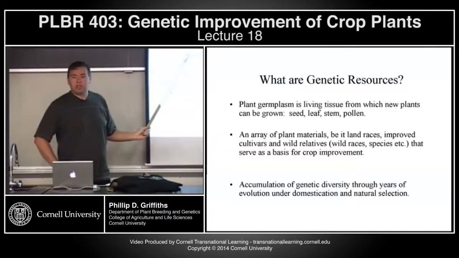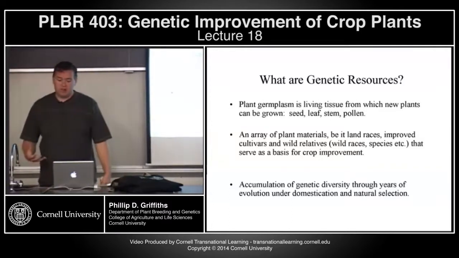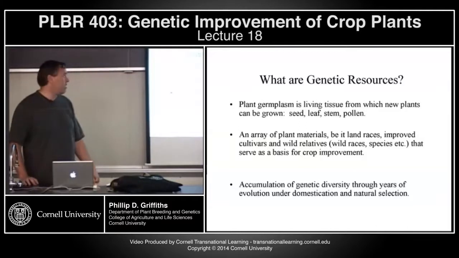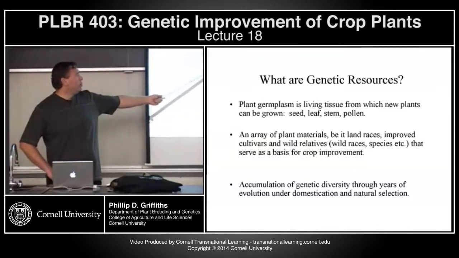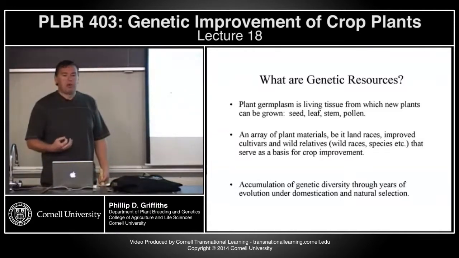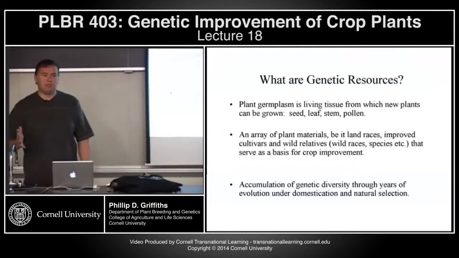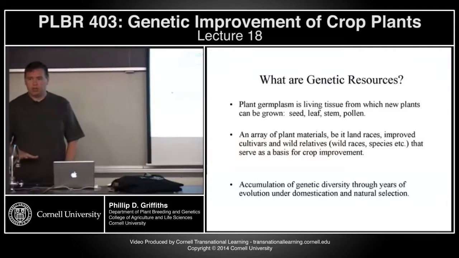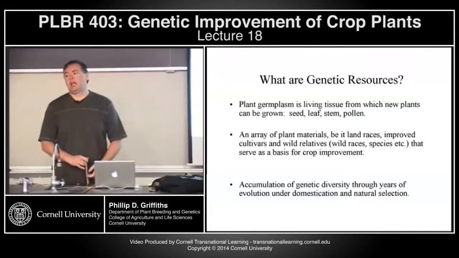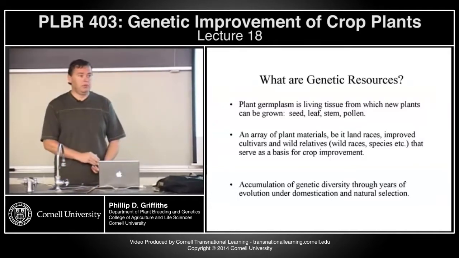Improved cultivars, which are going to be more of the commercial line varieties that we see in large-scale agriculture, but also the wild relatives, both the wilder forms of the species or the crop species you're working with, and species that may be related and crossable to those wild species. All of these can form the basis for crop improvement and are vital to our continued improvement and diversification of the food supply.